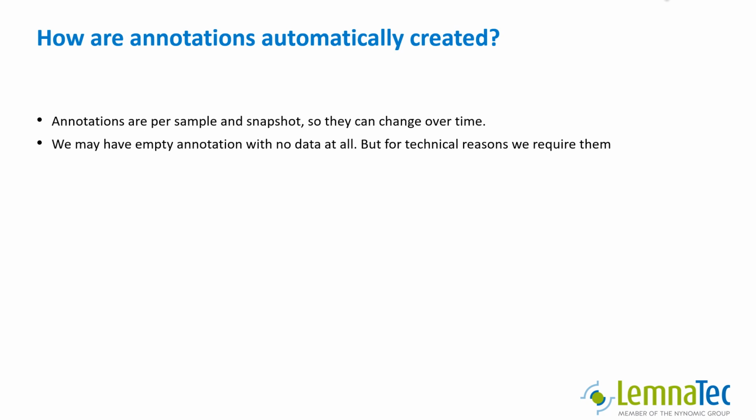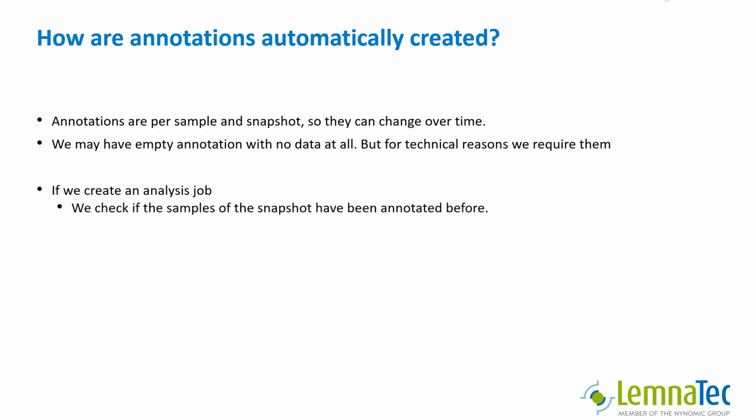Then again, which values are filled into these annotations? If an analysis job is created, we first check if the samples of the snapshots have already been annotated. If yes, we are fine, no further action needed. If not, we check if we have earlier snapshots of the same vessel that have been annotated.